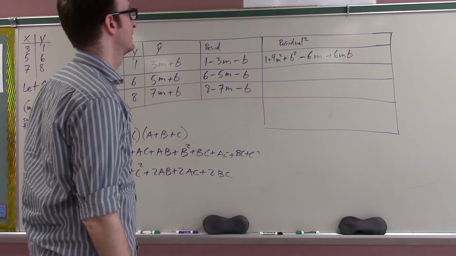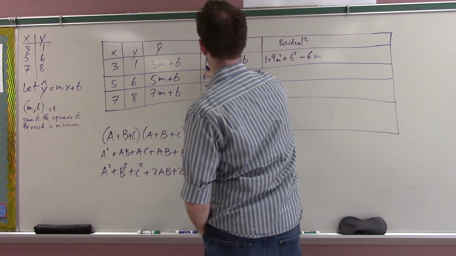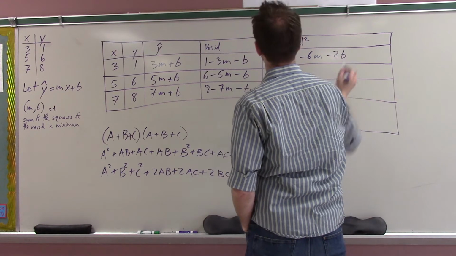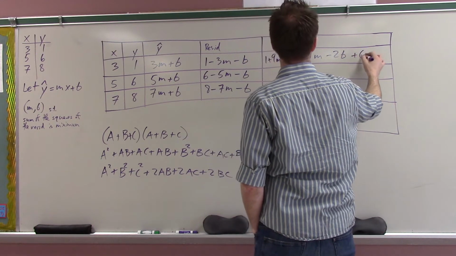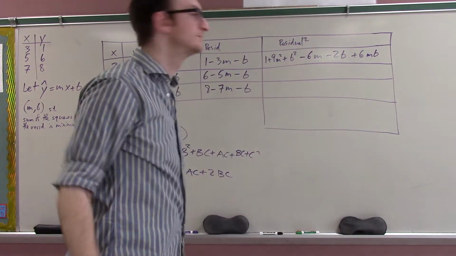And then, no wait, something went wrong. Minus 6, and let's do ac for following the pattern. So minus 2b, and then plus 6mb. Okay, and just keep going.